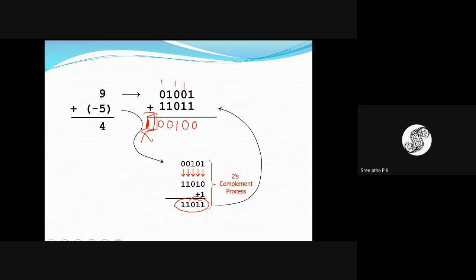The operands I have taken are 5 bits, correct? So the answer should also be 5 bits. Whatever extra bit you get is called the carry bit, and it is discarded.